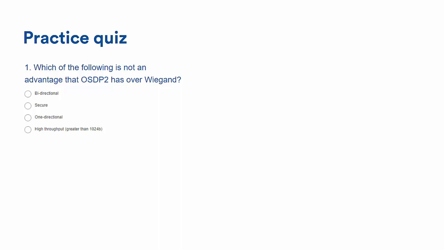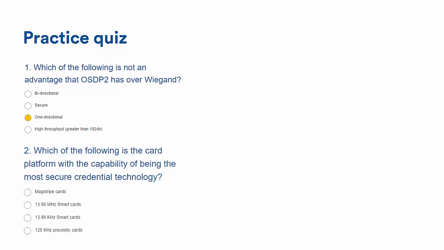Feel free to use the question dialog box to submit your answer if you'd like. And the answer is one directional. One directional is not an advantage that OSDP has over Wiegand. Of course, the advantages that OSDP 2 has over Wiegand is that it's bidirectional, that it's secured with AES 128-bit encryption, and that it offers significantly higher throughput.